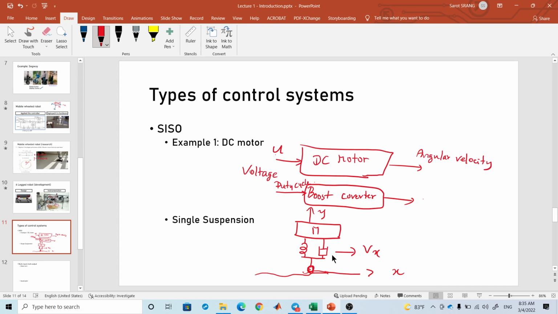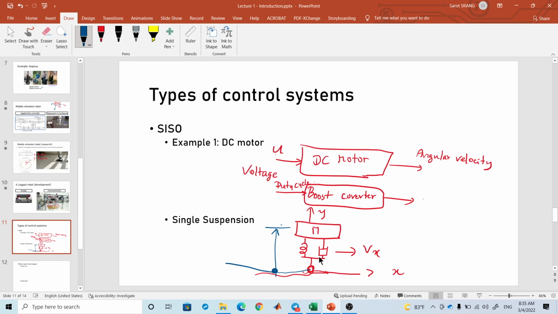And the velocity in this direction becomes the input to the system. And your output, if you want to observe, you observe the height relative to a certain level of the ground. Let's say initially you start at zero around this. So the height of motion of the car is the output.